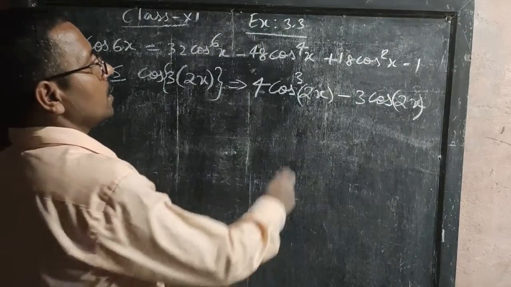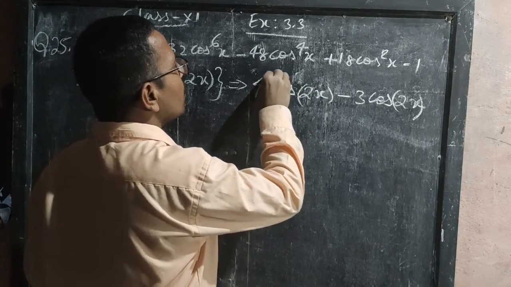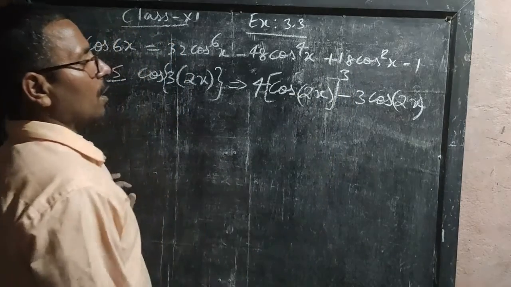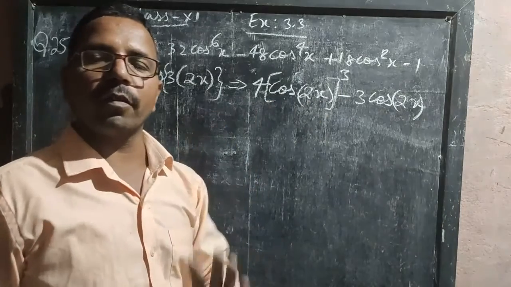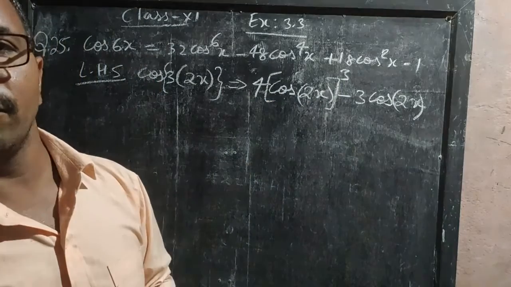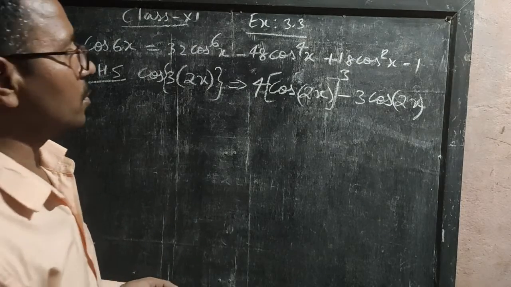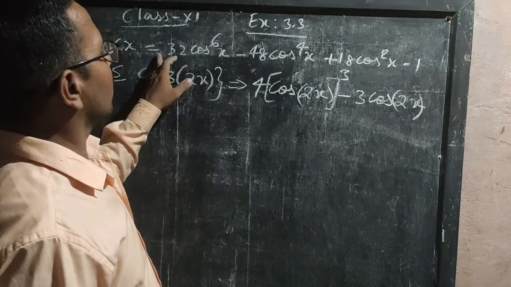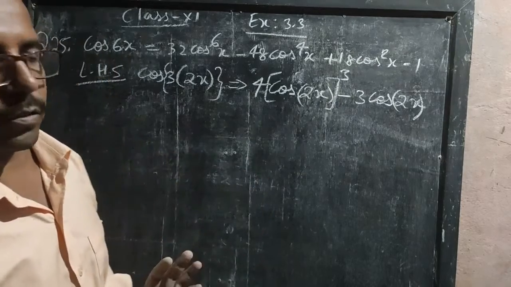Now this cube can be written as a whole cube. Now we can use the cos 2 theta formula. There are 4 formulas for cos 2 theta, but which formula will we use here? The cos formula in which there should be no sin, and not tan also, because on the RHS we want cos only.